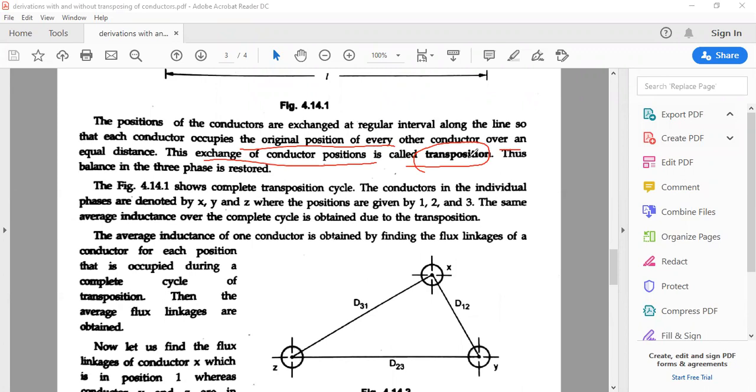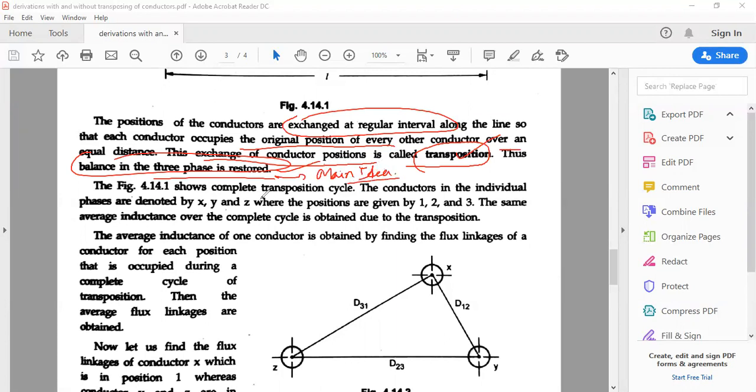The positions of the conductors are changed at a regular interval along the line, so that each occupies the original position of every other conductor over an equal distance. That is what is called transposition, and the balance is restored. That is the main idea: the balance has to be restored in such conductors.